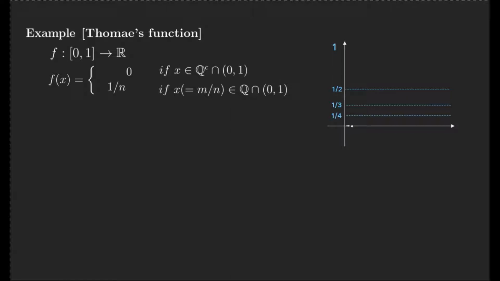So we can see lots of irrational numbers exist in the interval, while the rational numbers are countable.